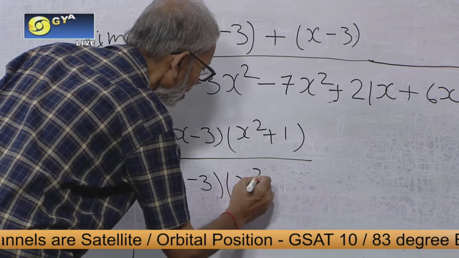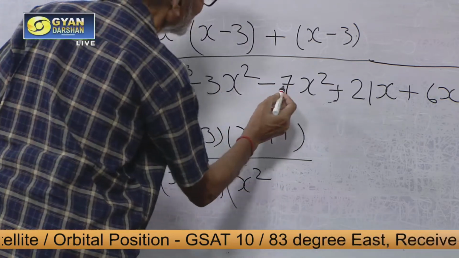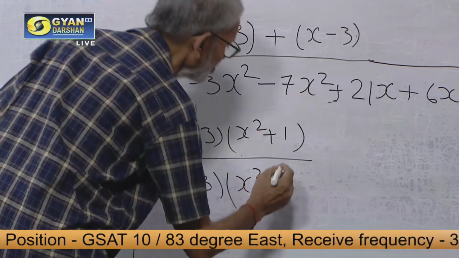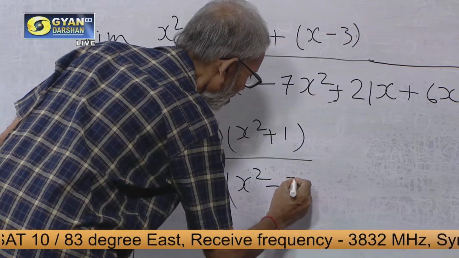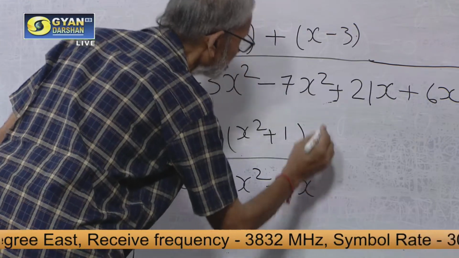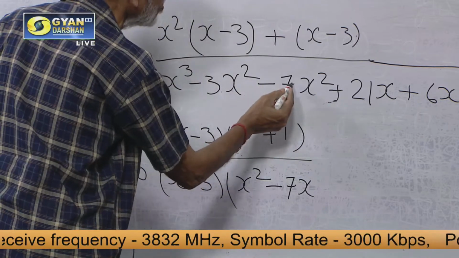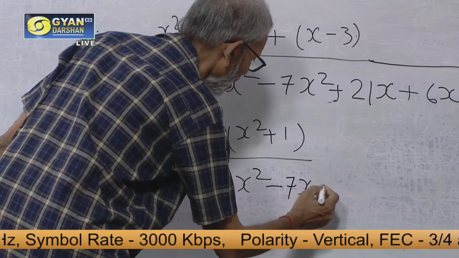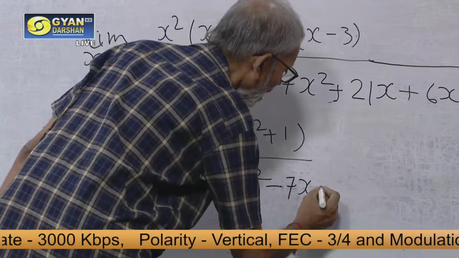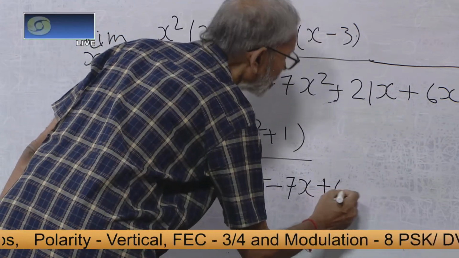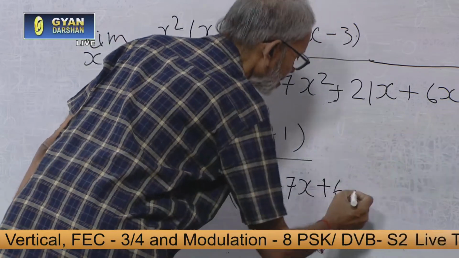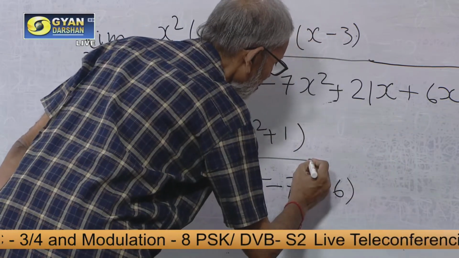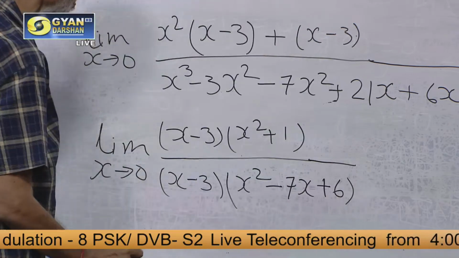Here it will become x square, then minus 7 x. If I take minus 7 x common, there x minus 3 will be common here, and here I will take 6 common. So, it will become x minus 3. So, this will be the factor.